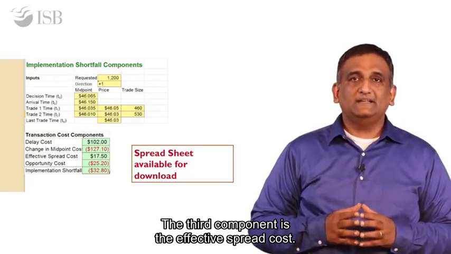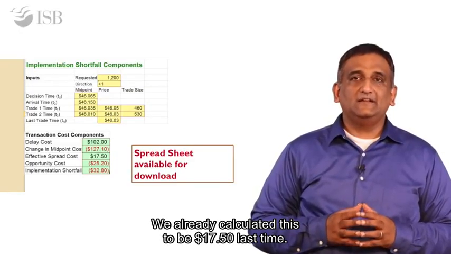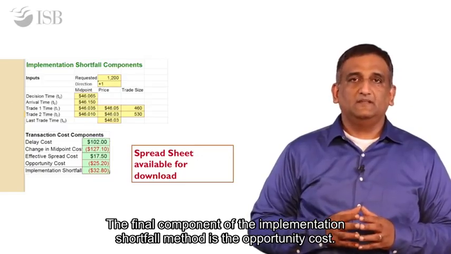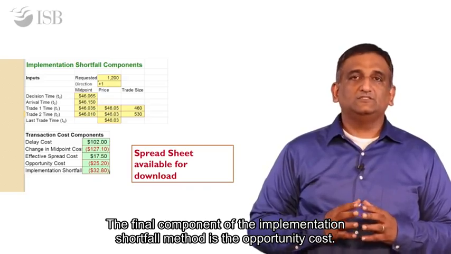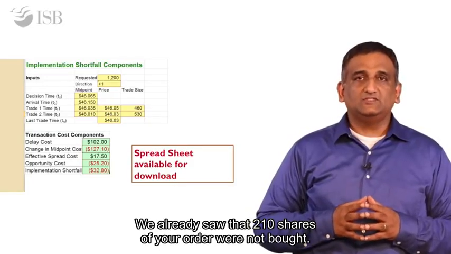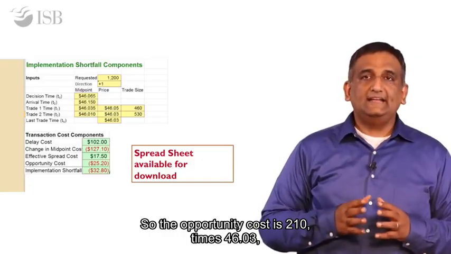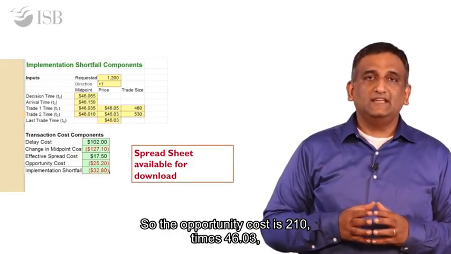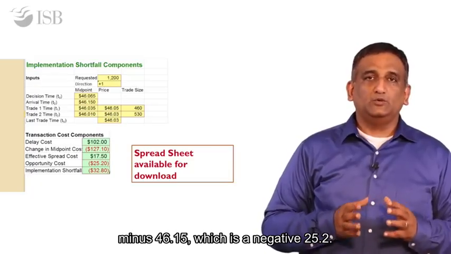The third component is the effective spread cost. We already calculated this to be $17.5 last time. The final component of the implementation shortfall method is the opportunity cost. We already saw that 210 shares of your order were not bought. So the opportunity cost is 210 times 46.03 minus 46.15, which is a negative 25.2.